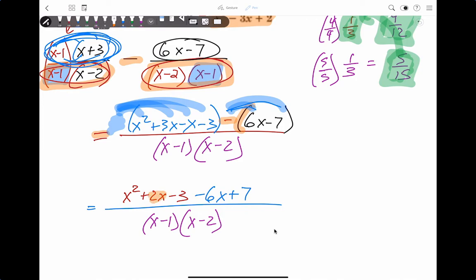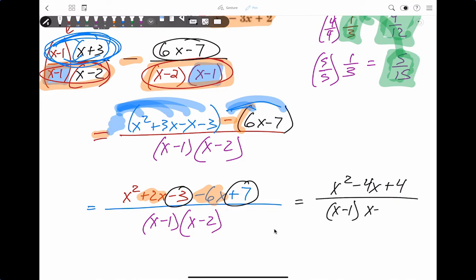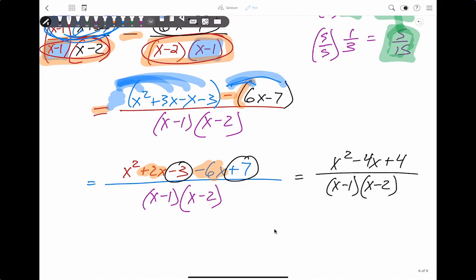Now we can start combining like terms and say that this is going to be minus 4x. This negative 3 with the 7 becomes a positive 4. And I still have this x squared. Again, we will not simplify the bottom by distributing those parentheses until we've reduced everything. So now we have (x squared - 4x + 4)/((x - 1)(x - 2)).